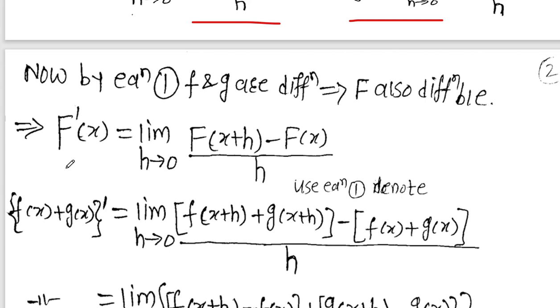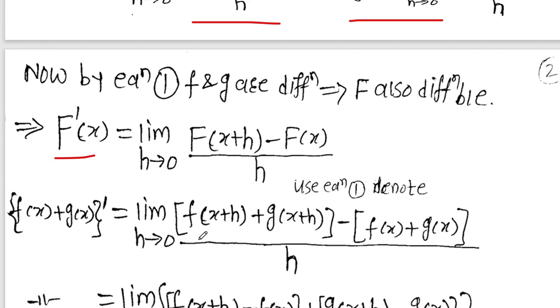So put the value of capital F of x from equation number 1, that is, the derivative of f of x plus g of x equals the limit, where instead of x we replace x by x plus h in equation number 1.